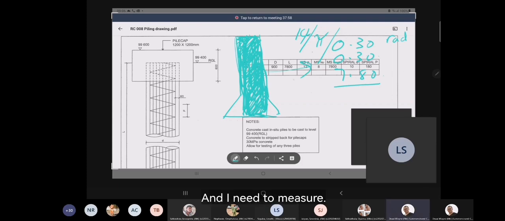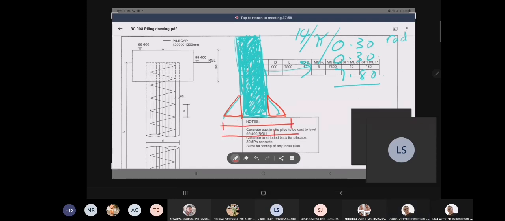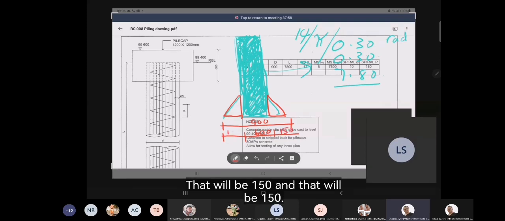And I need to measure this section here. How do I measure that? I know that with this being 900 in total, that being 600, that will be 150, and that will be 150. Okay?